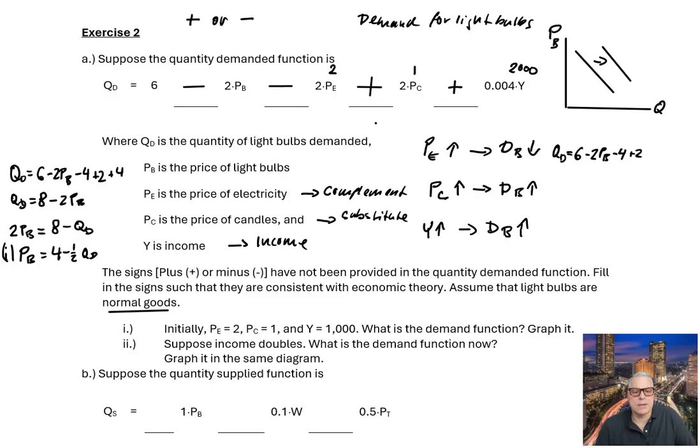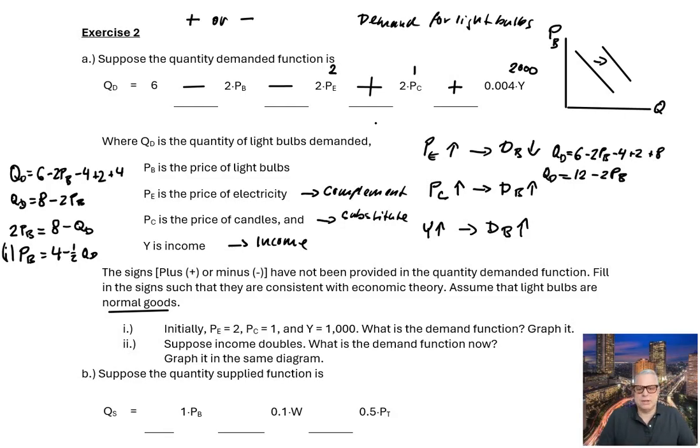But now, instead of 0.004 times 1000, we have 0.004 times 2000, so that is 8, so plus 8. Okay, so now let's collect terms again. 6 minus 4 is 2, plus 2 is 4, plus 8 is 12, so now we get 12 minus 2 times PB.